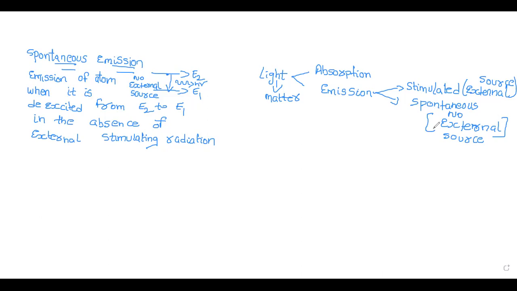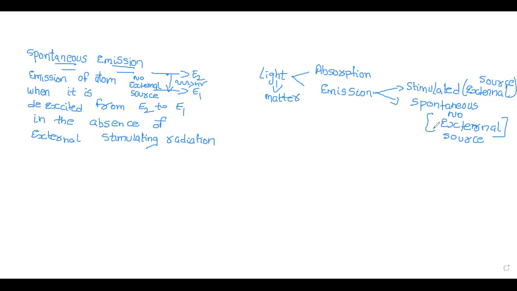By itself, as it reaches the higher energy state E2, it will emit the radiation while coming to the ground state. This is happening in the normal conventional source of light. When we talk about stimulated emission, we require some external source. With this concept, we can move forward.